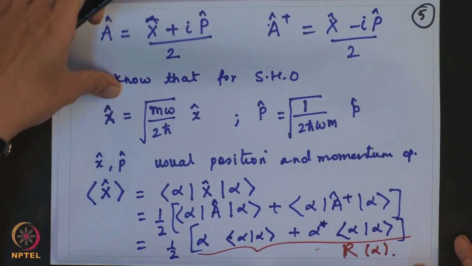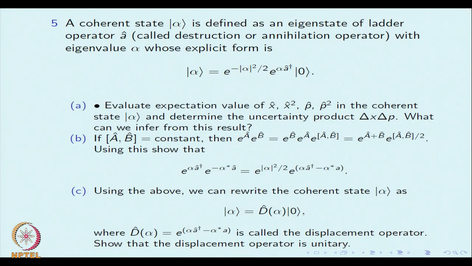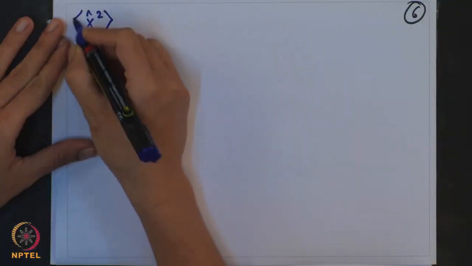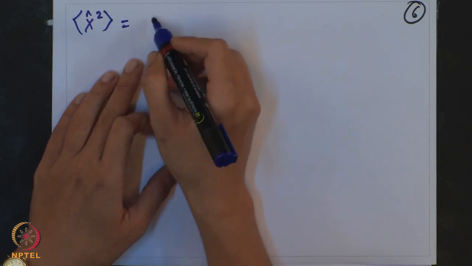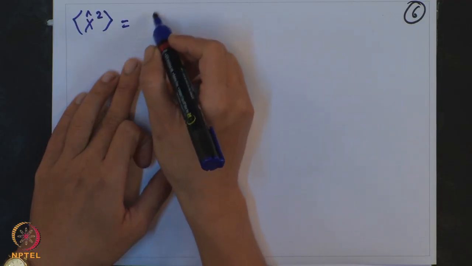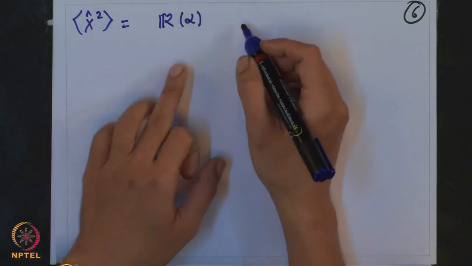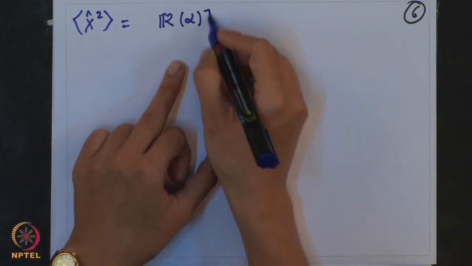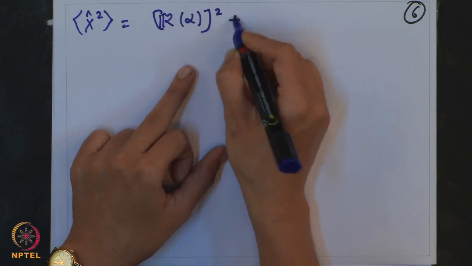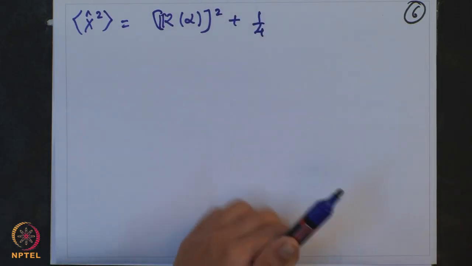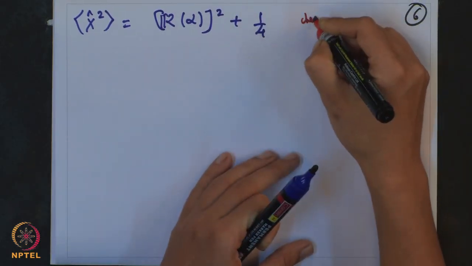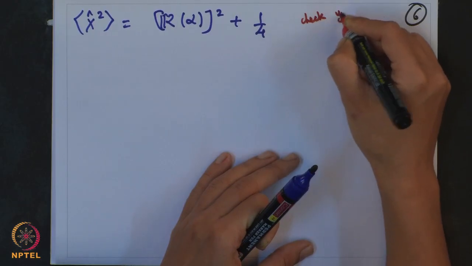Okay. Now, in the same manner you evaluate x square. You will find when you solve this, you will have the real part of alpha squared plus 1/4. So, please check this yourself.